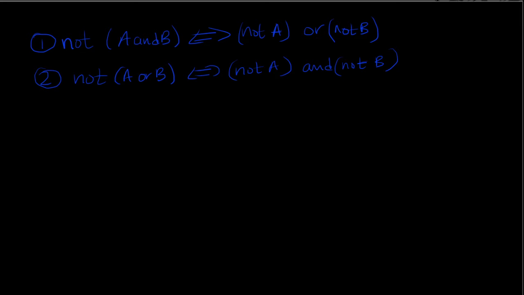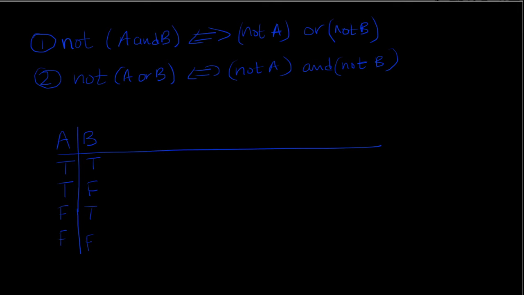So the first thing we're going to do here is look at A and B. So we're going to do these truth tables. We're going to do true, true, false, false for A. For B, we're going to be alternating between true and false. The next one, we can take this multiple ways.